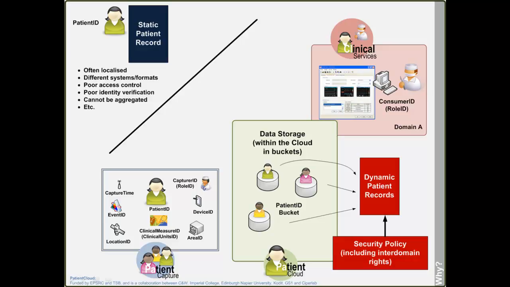Currently, most implementations of electronic health records are considered static. However, static records have their own problems. For example, they are often localized, with different systems or different formats, they have poor access control, and there's very little ability to verify the identity of the patient. Furthermore, they cannot be aggregated.